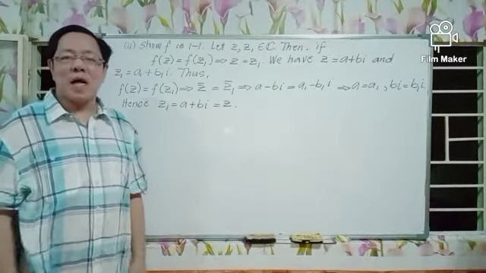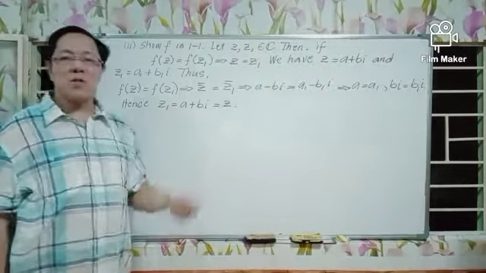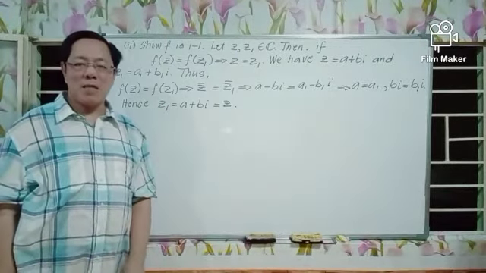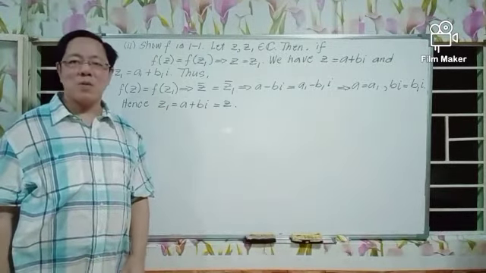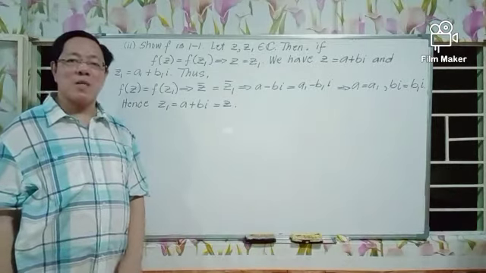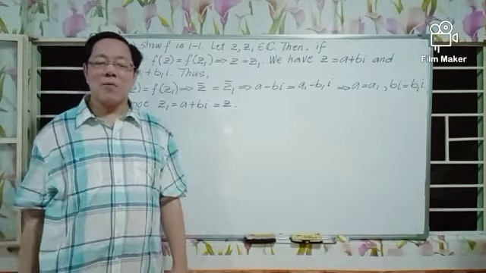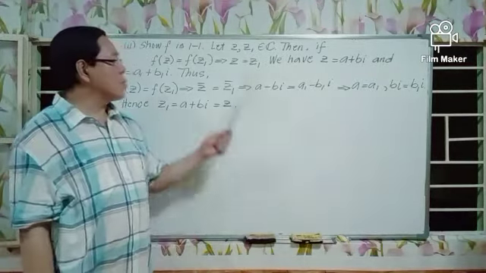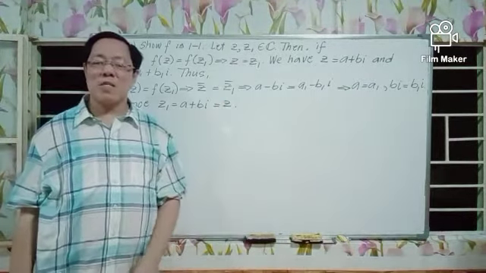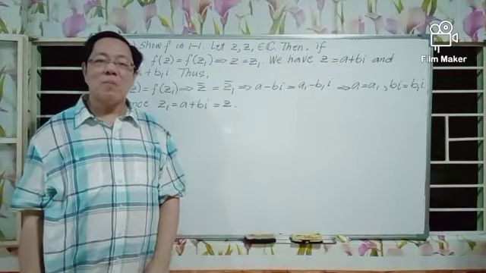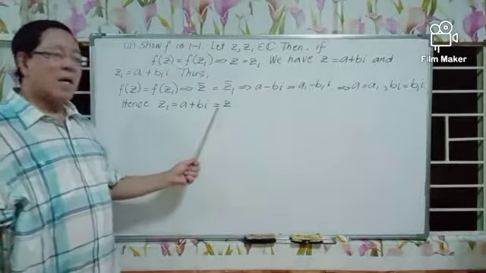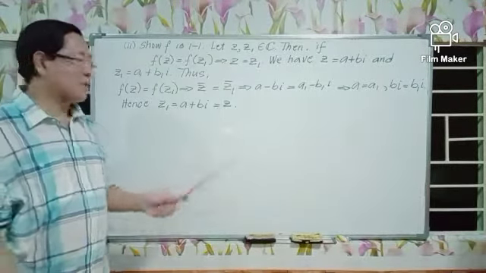And we have shown that f is a 1-1 function, or injective function, because we have shown that if there are two elements c and c sub 1 of the set of complex numbers and they have the same image under the function f, then these two complex numbers must be the same and equal.